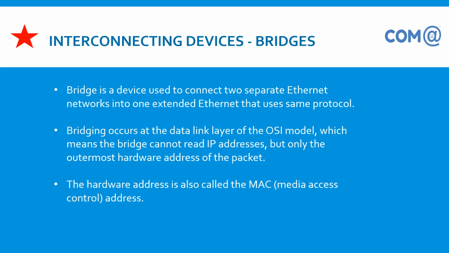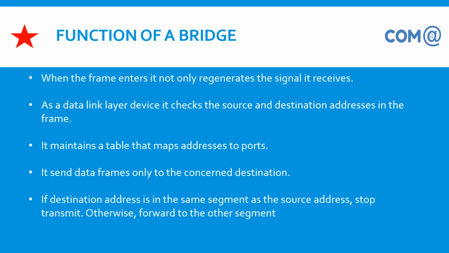So it will be stored. There is a table available which you call a bridge table. The information will be captured and stored in the table to identify the systems using MAC addresses. It sends the data frames only to the concerned destination, so it will have some conversion in the next layer. But in this particular data link layer, it will be in the form of frames.